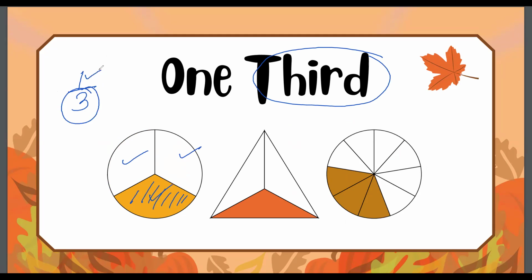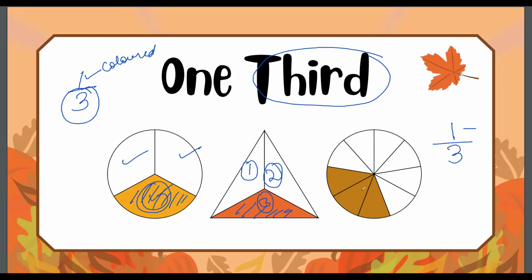And how many colored? Only one. Again, let's check: one, two, three. Total parts three, so we write that at the bottom. How many colored? Only one. So this is known as 1/3, or 1 over 3.